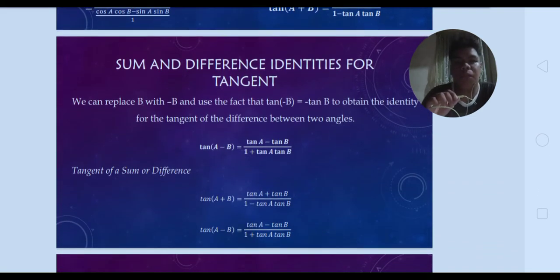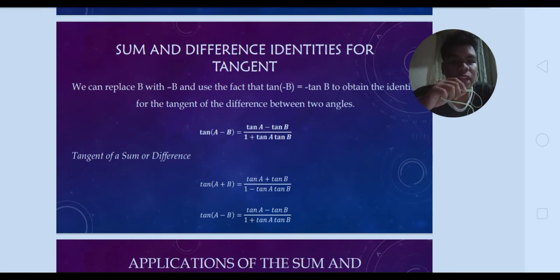We can replace b with negative b and use the fact that tan of negative b is equal to negative tan b to obtain the identity for the tangent of the difference between two angles. So, tan of a minus b is equal to tan a minus tan b over 1 plus tan a times tan b. We just change the sign from the sum identity for tangent.